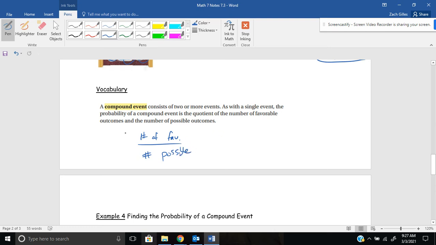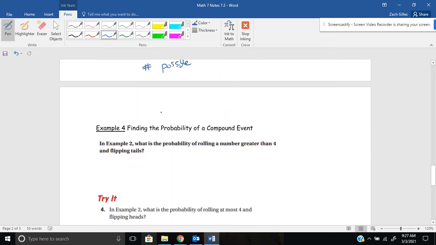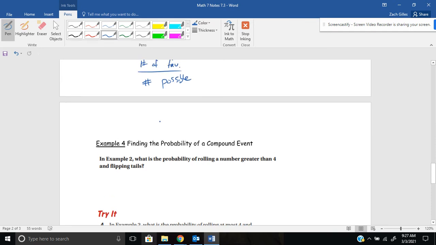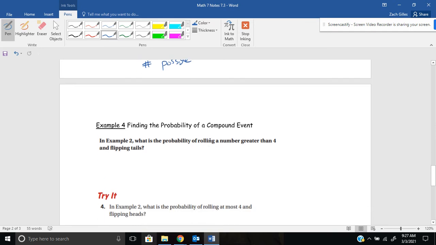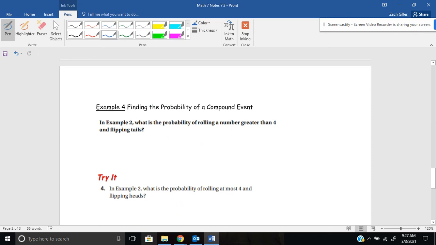Same as before, but it'll change a little bit because now we have 2 or more events, not just 1 event. So example 4, where we find the probability of a compound event, says, in example 2, what is the probability of rolling a number greater than 4 and flipping tails?